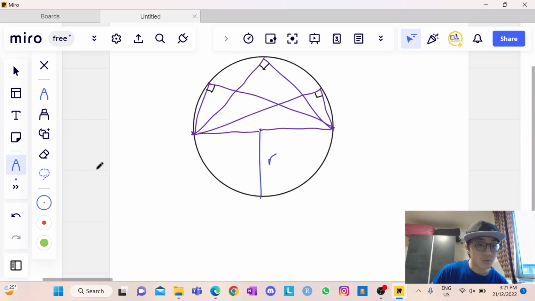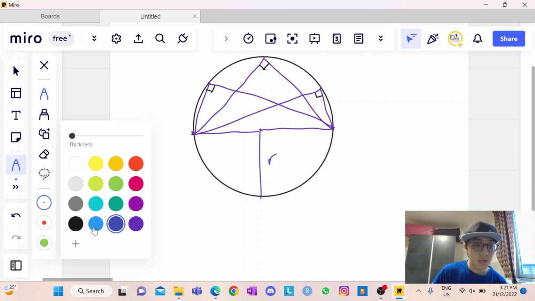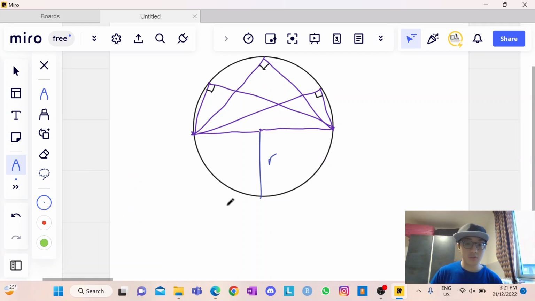The tangent, as mentioned in a lot of my videos, is a line touching only one point. In this case, the tangent is only going to touch the circle at one point, which is right here.